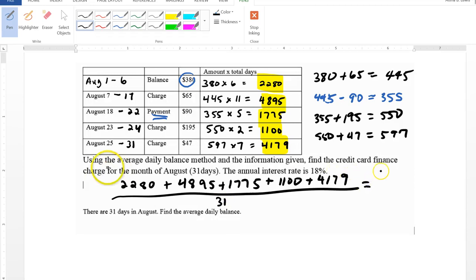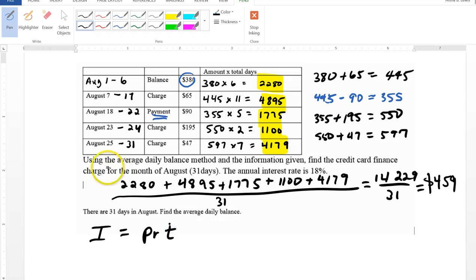So after adding those amounts, we get 14,229 divided by 31, and that equals $459.